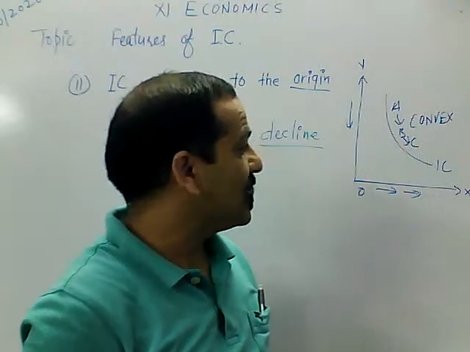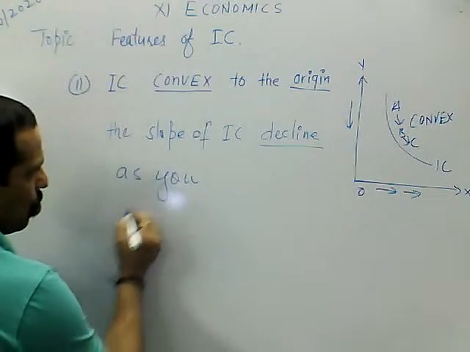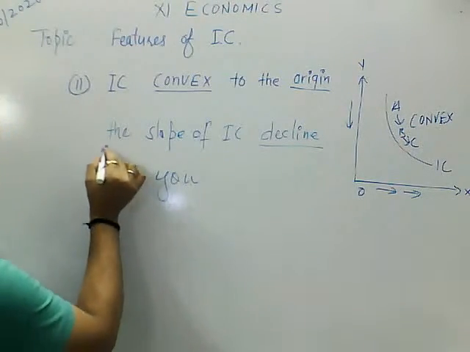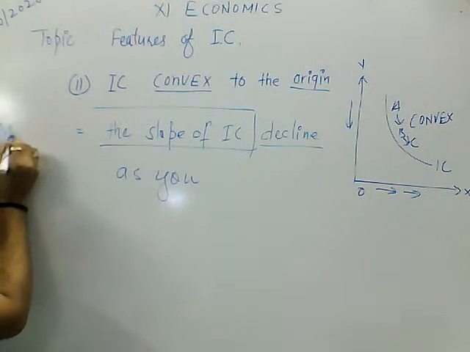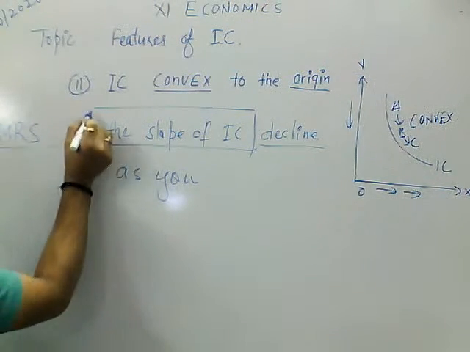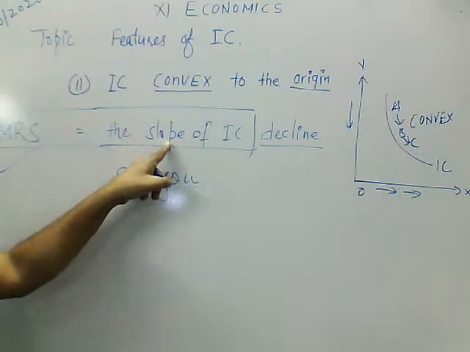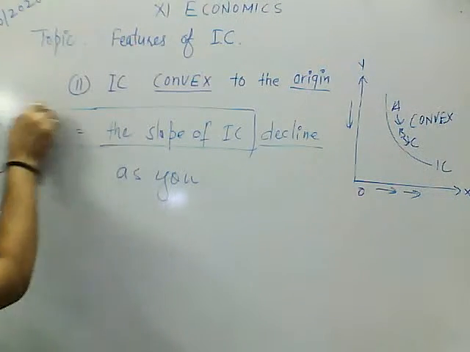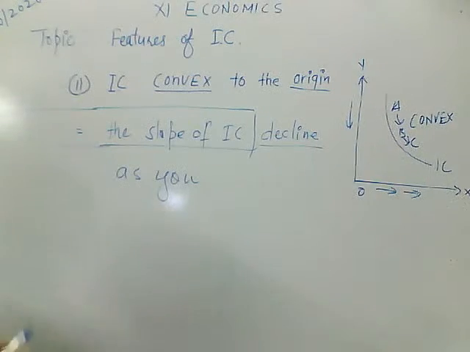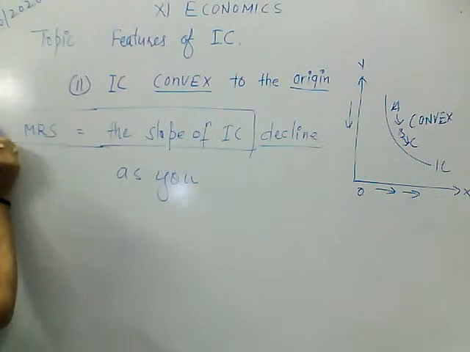The slope of the indifference curve is nothing but the marginal rate of substitution. Then who decides the slope of the indifference curve? The marginal rate of substitution.